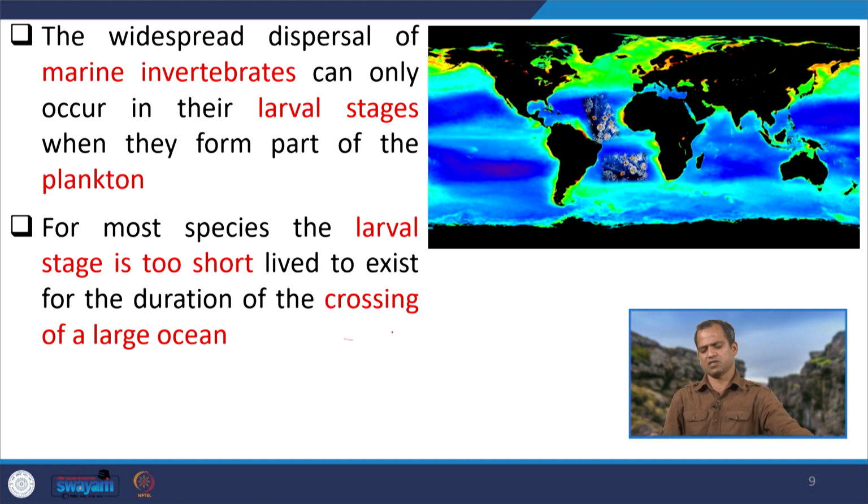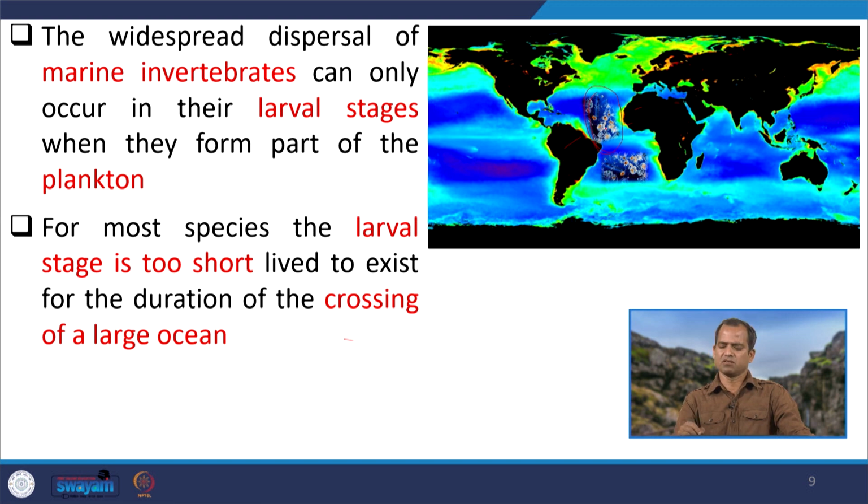You might believe that maybe in the larval stage these organisms crossed this ocean, but crossing an ocean 5,000 kilometers wide is a time-taking procedure, which takes more than the larval stage, and the larval stage is a very short time.